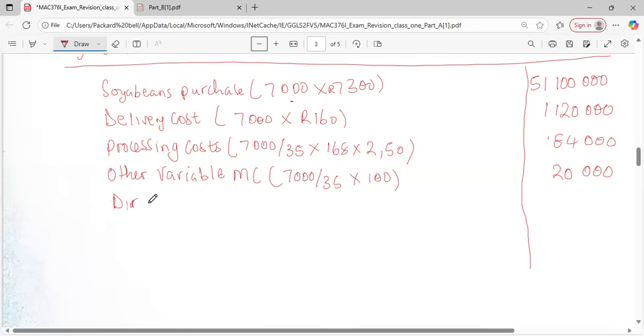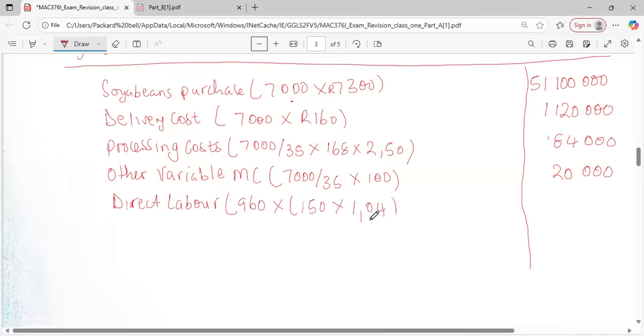So let's look at the direct. There is no way you can finish Mac. It's impossible. Right, so direct labor is going to be 960 hours times 150. 150 is going to be adjusted by 4%, so you can put it like 1.04.